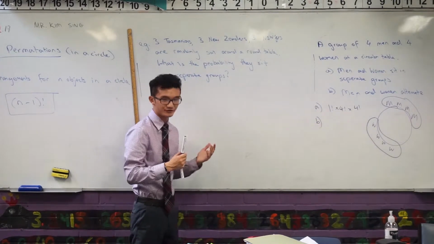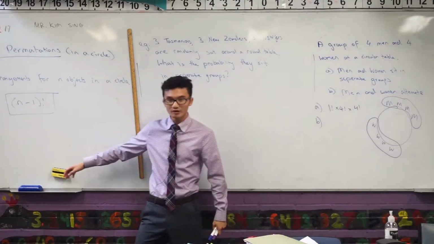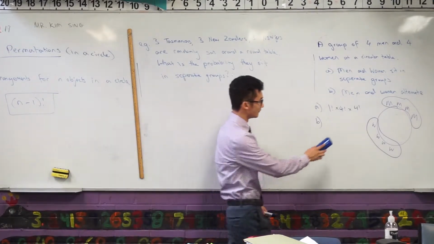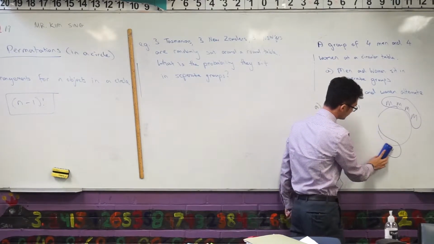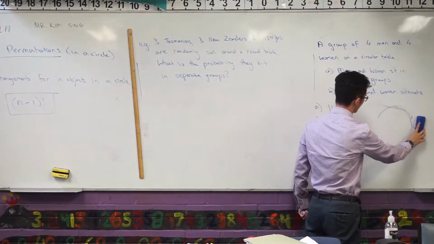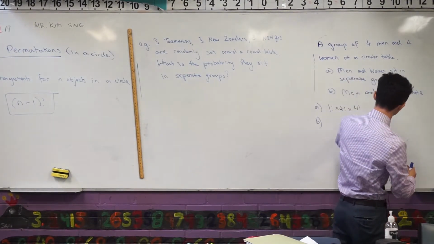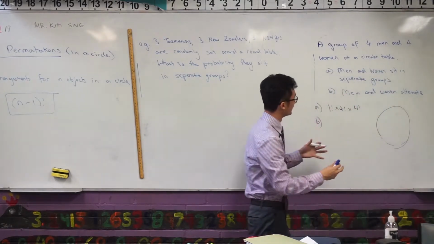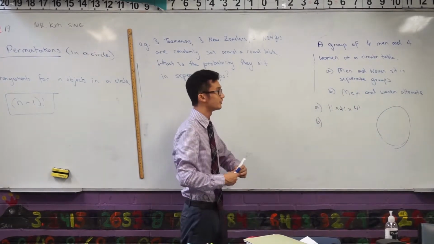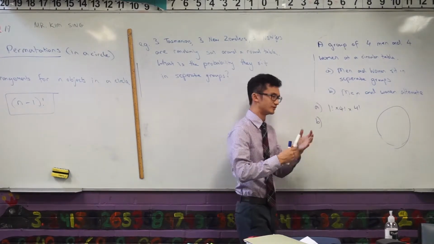What if they're alternating? Now, if they're alternating, it becomes a bit trickier. And this is why we want to have a good understanding of permutations in a circle. Because one way that we can approach it is that we can think about, all right, how many people can I allocate to each spot? So if I draw my circle again, now rather than drawing men and women, if I think about how many people can I put to each seat, and because there's 4 men and 4 women, it doesn't really matter which one I put first.